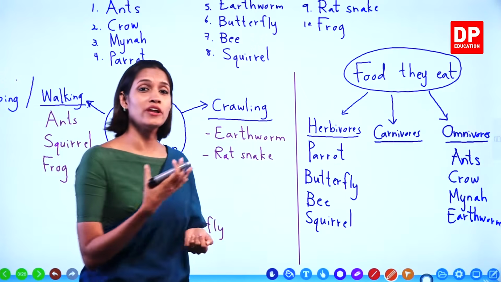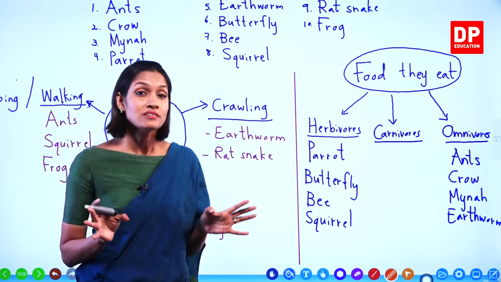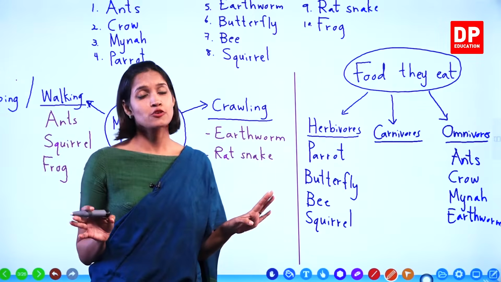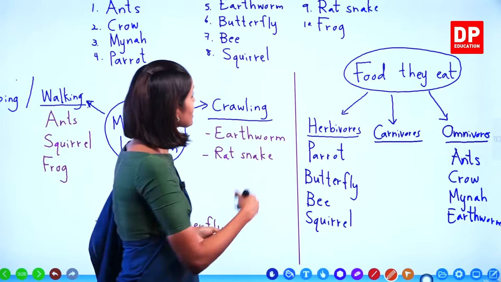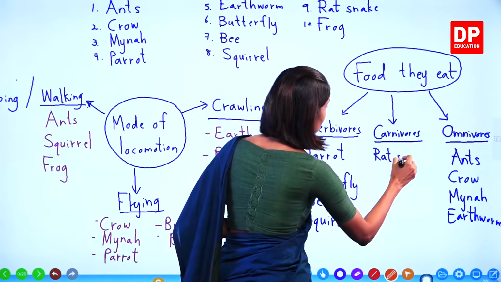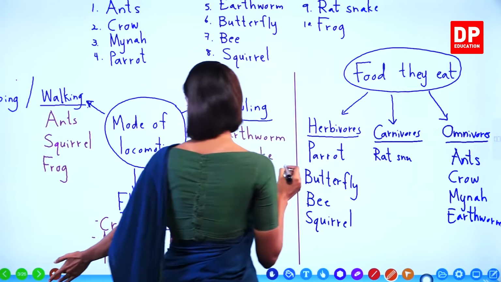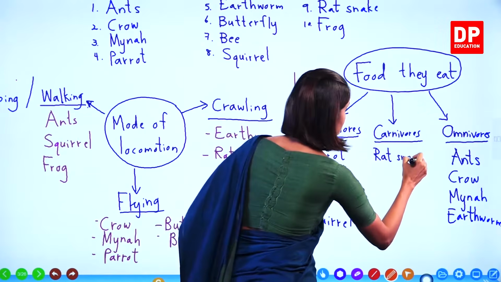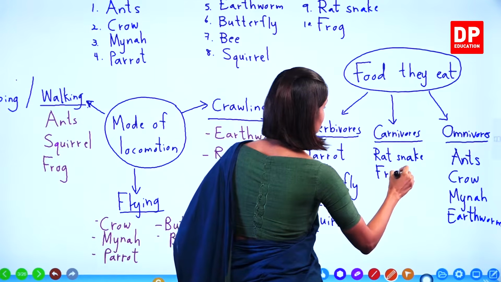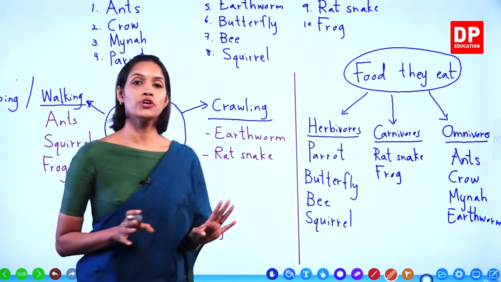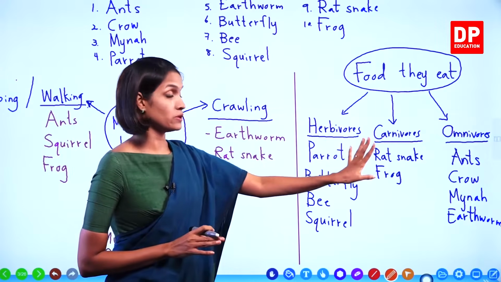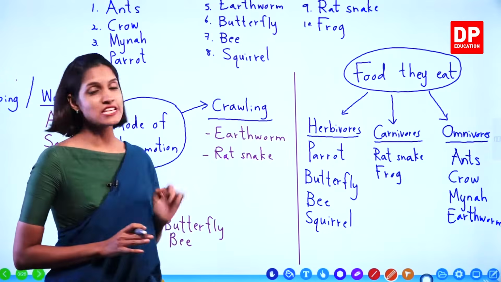They eat other small animals like frogs and rats. Okay. What about frogs? Frogs basically feed on insects. Okay. Therefore, they are also coming under carnivores. Rat snake and frog. Okay. Right. So herbivores, carnivores and omnivores based on the food they eat.